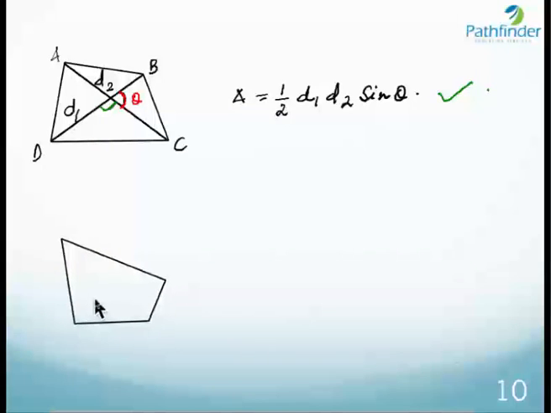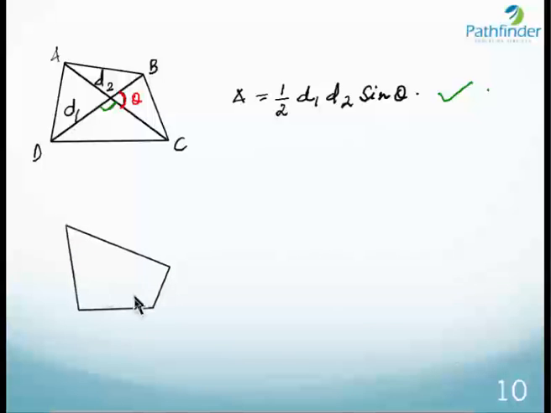Another way to calculate the area of a quadrilateral could be very easy. In fact, converting the quadrilateral into two triangles. So as we have another quadrilateral PQRS, we draw the diagonal SQ and convert this quadrilateral into two triangles.